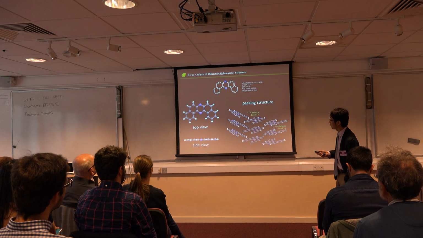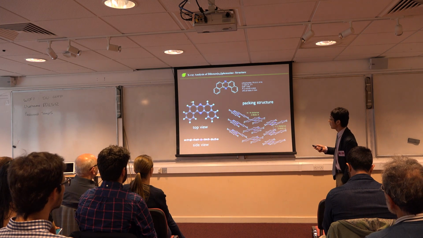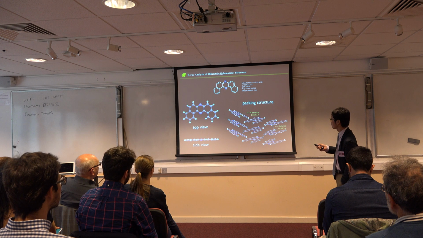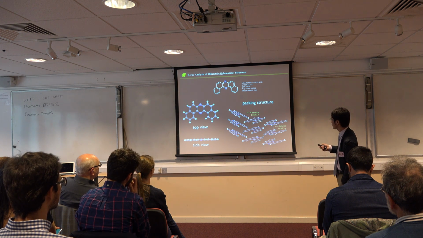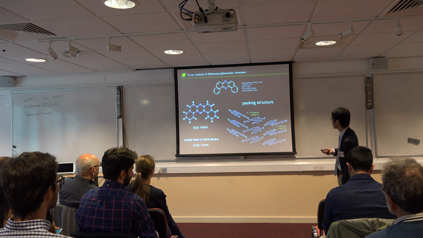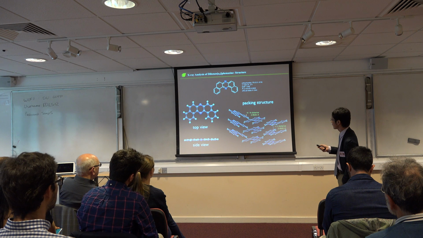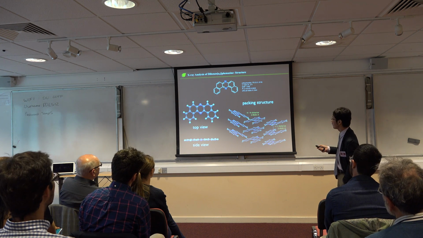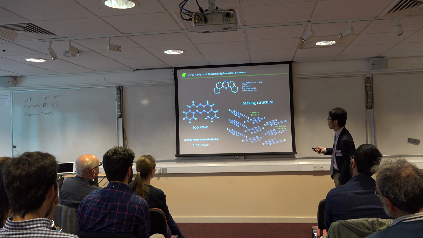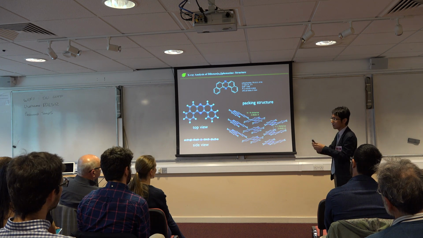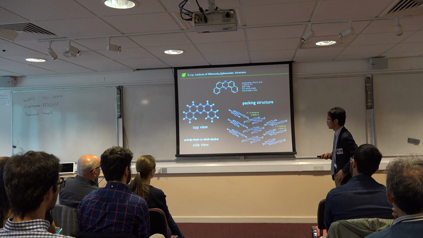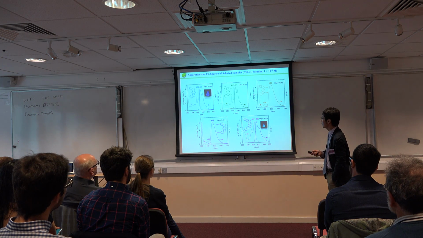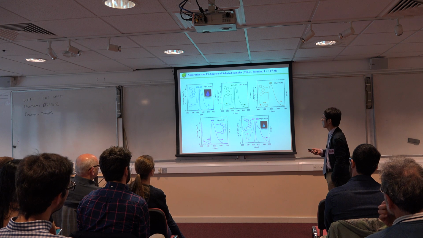This compound has a very beautiful structure, and the columns stack like this. Between the columns, there should be a hydrogen bond between the H and N that might align the columns. They are also emissive in solution and solid state.